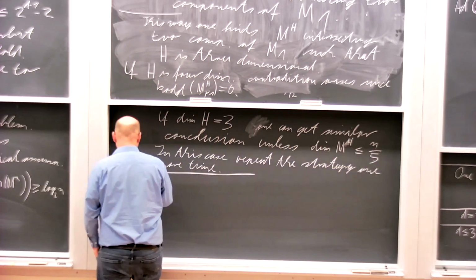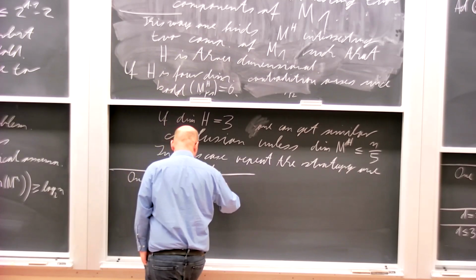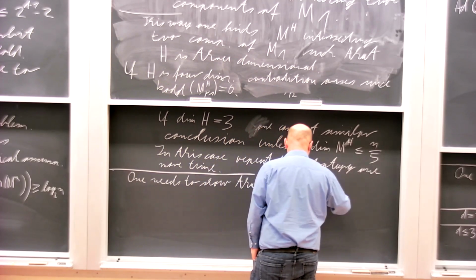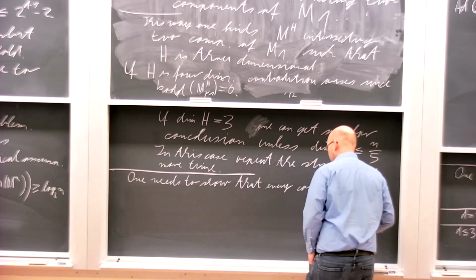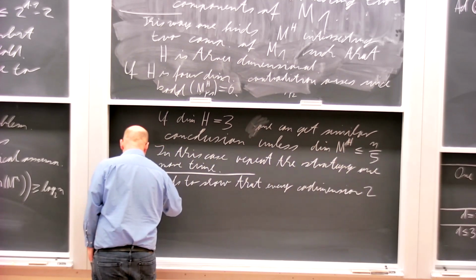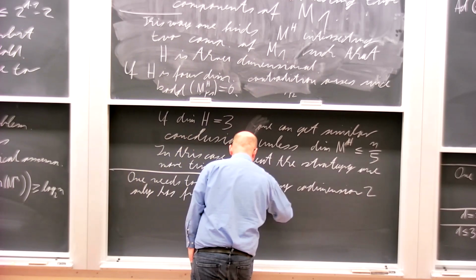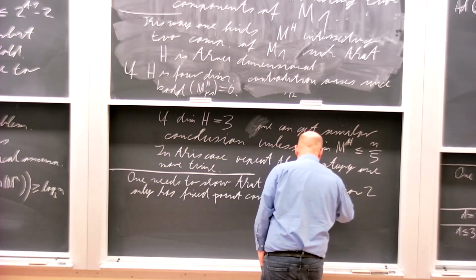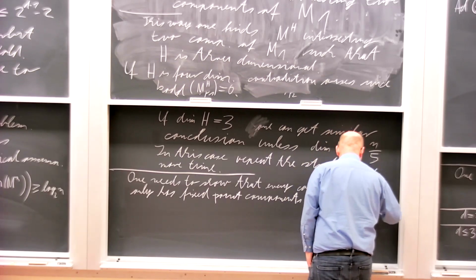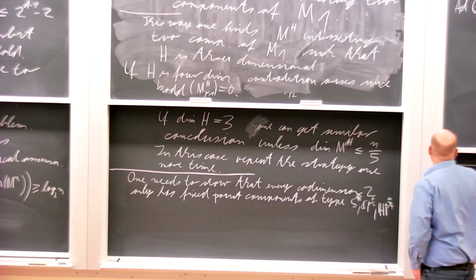So the next important thing one needs to show, and this is only a problem in low dimensions, is that every codimension 2 torus only has fixed point components of type S^n, CP^n/2, HP^n/4.